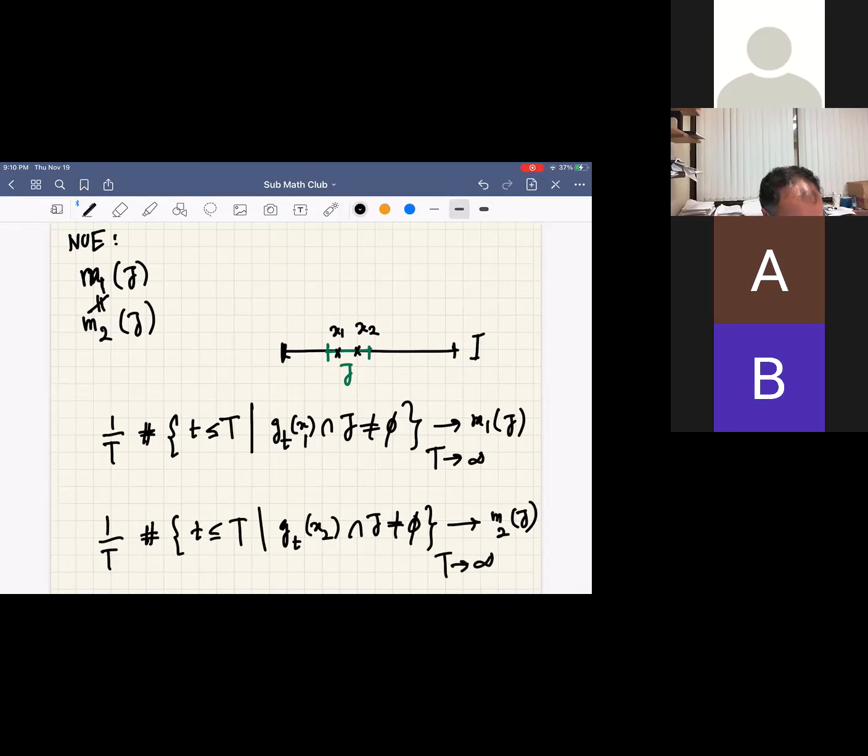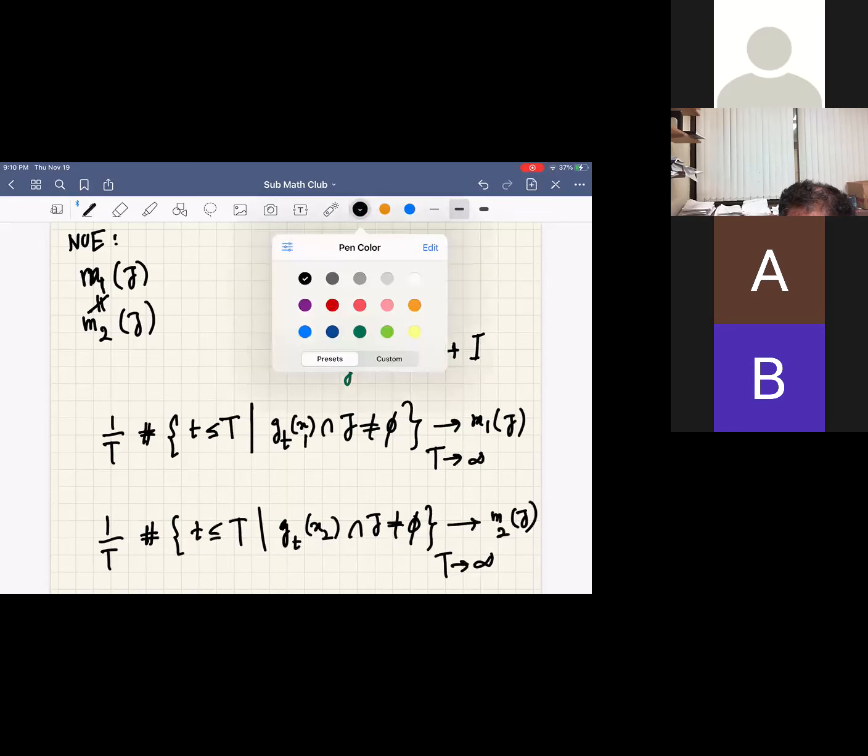But now is the geometric part of the story, which makes everything interesting. Let's take a piece of this picture. Let's say I have J, and I take a small piece of it.